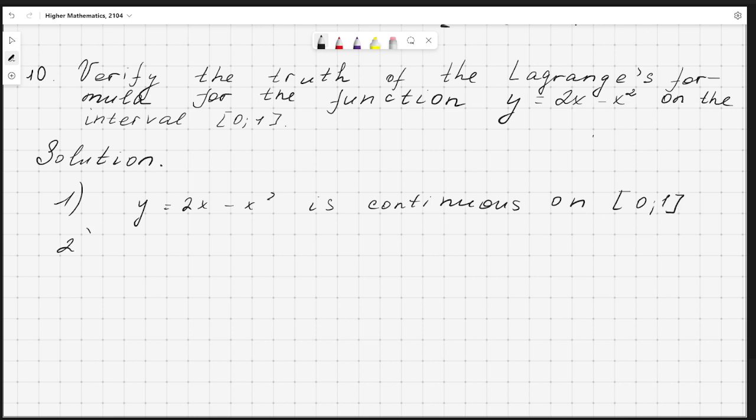The second, y is 2x minus x squared is differentiable at each interior point of this interval. It means it is differentiable on all intervals.